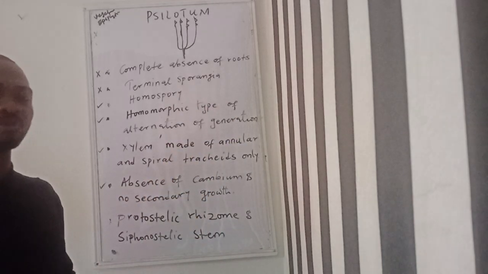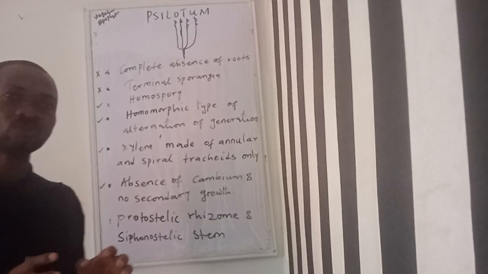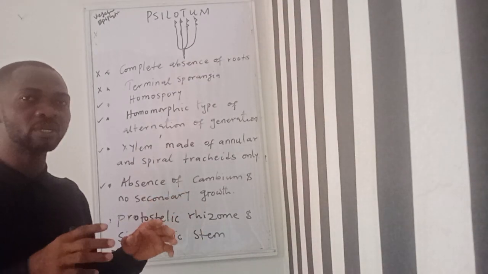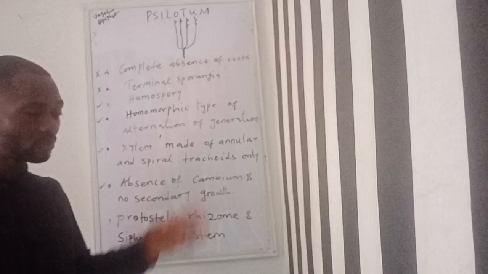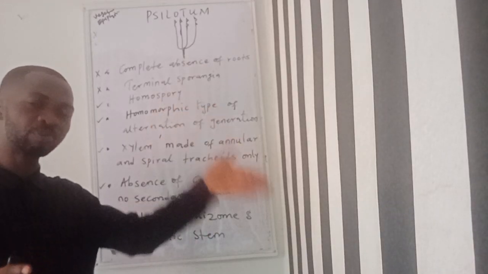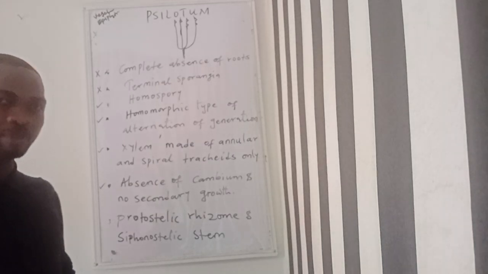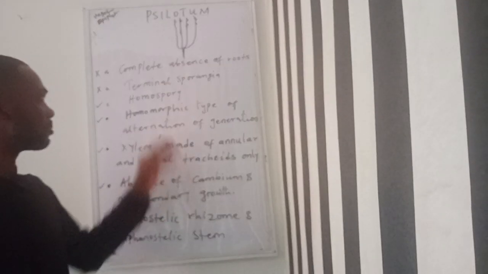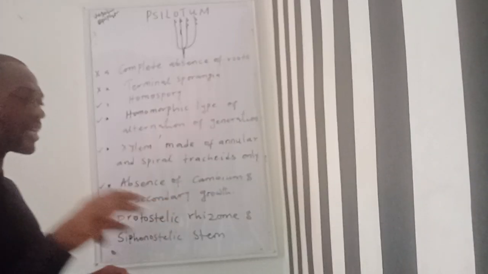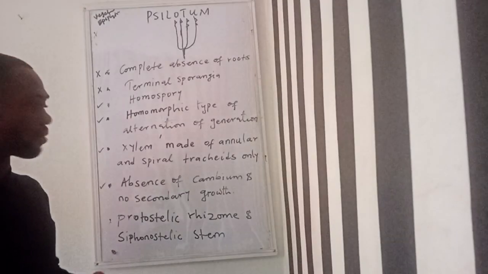But in the case of Psilotum, the sporophyte is not too different; there is similarity between the morphology of the sporophyte and the gametophyte. That is what we mean by homomorphic, morphological, homo, one. So there's great resemblance between the sporophyte and the gametophyte in the case of Psilotum.